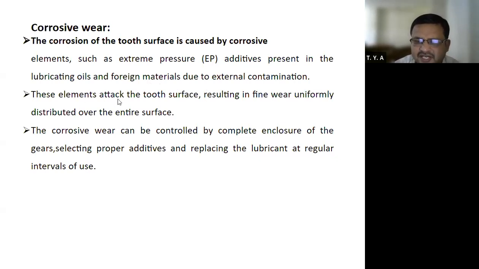These elements attack the tooth surface, resulting in fine wear uniformly distributed over the entire surface.